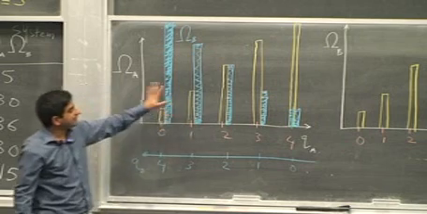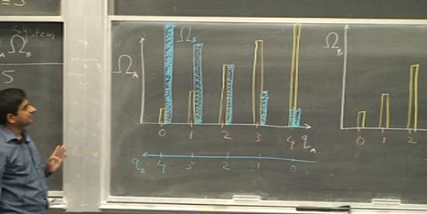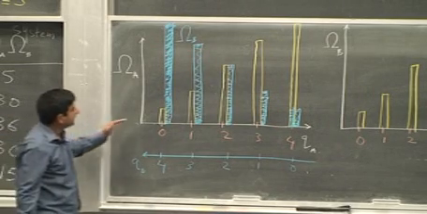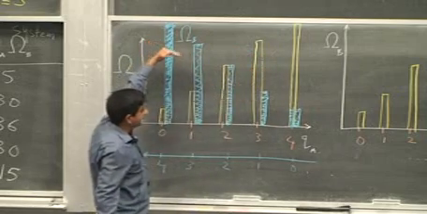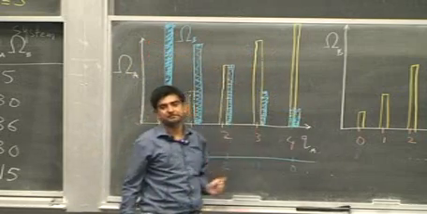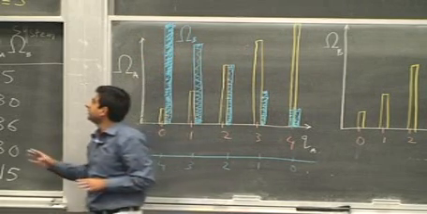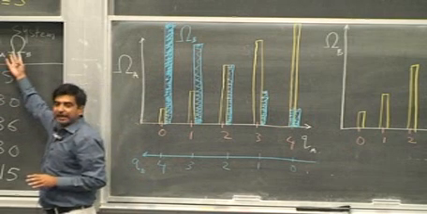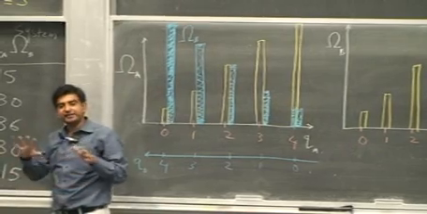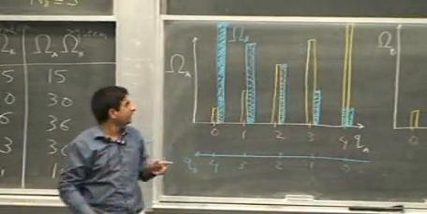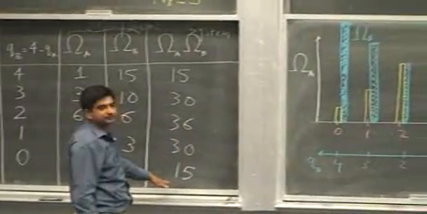Now if you look at these graphs, what it's showing is that omega A is increasing with QA, omega B is decreasing with QA, right? But what we are interested in is omega A times omega B, the total number of microstates for the combined system. For this, we'll have to multiply these columns and we get these results.